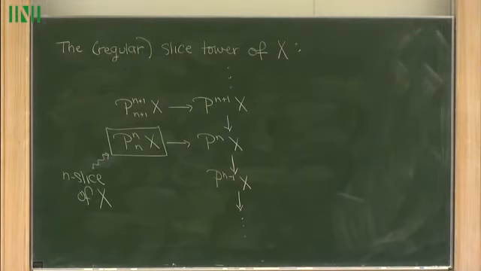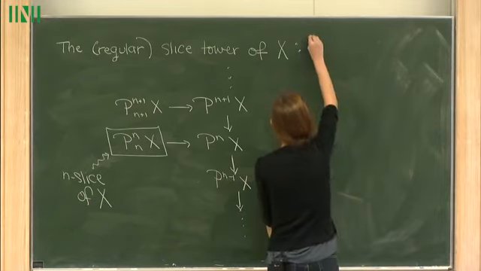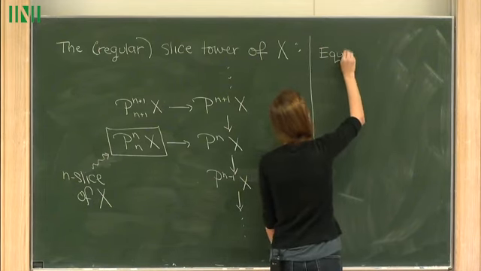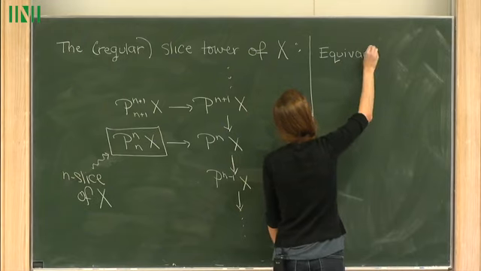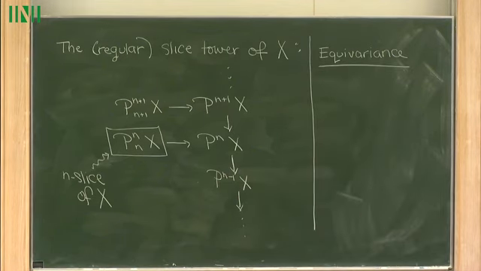All right. So I wanted to just highlight some important and useful properties here. So the first important idea is how we're really seeing equivariance here.